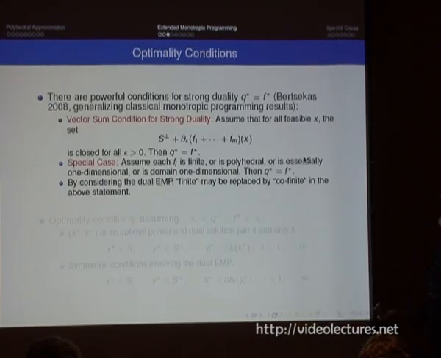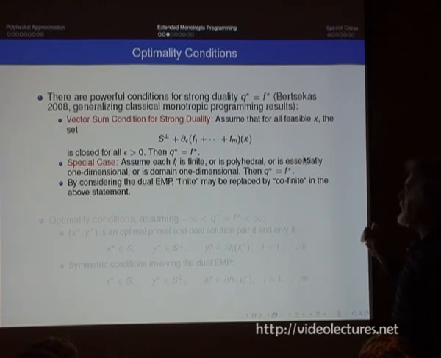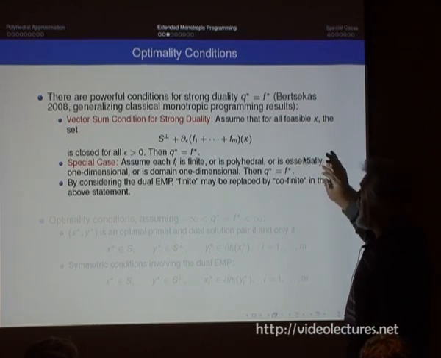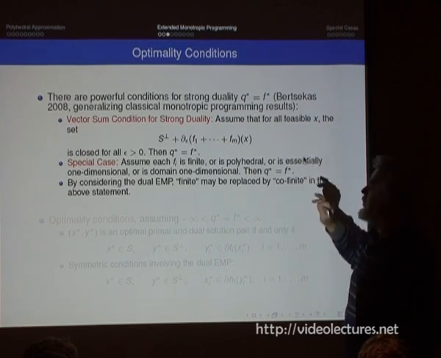And now let me mention duality conditions. I mentioned earlier that Rockafellar's conditions are very powerful for the case where each component is one-dimensional. Now, if each component is multidimensional, the optimality conditions are not quite as strong, but still they are fairly strong.